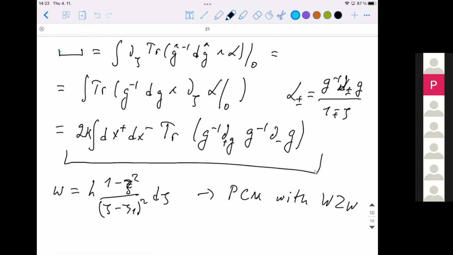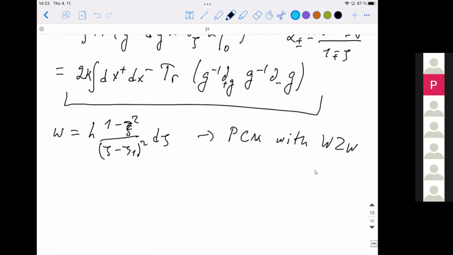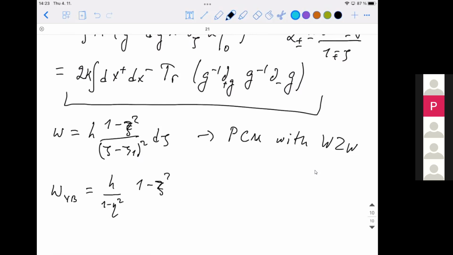And then if you want to check the Yang-Baxter, then for the Yang-Baxter, the omega is a little more complicated, which is, let me just check. Omega Yang-Baxter is this, and zeta squared, and squared delta z.